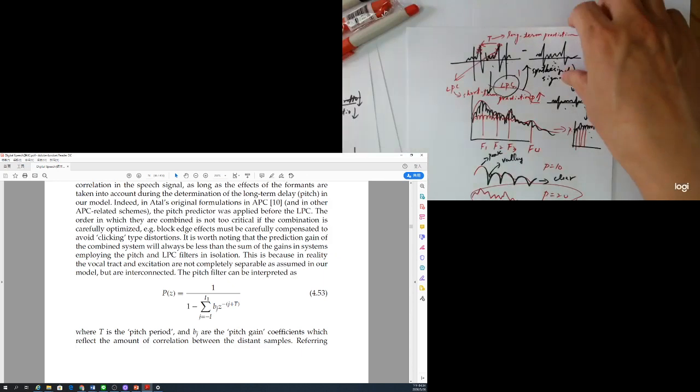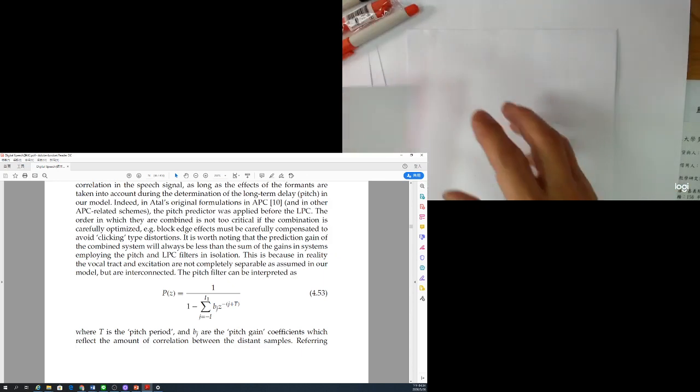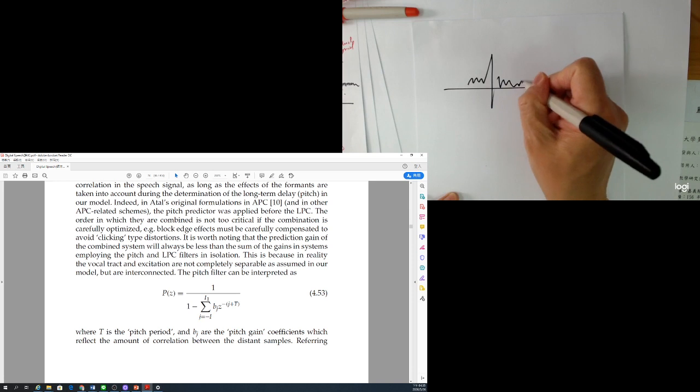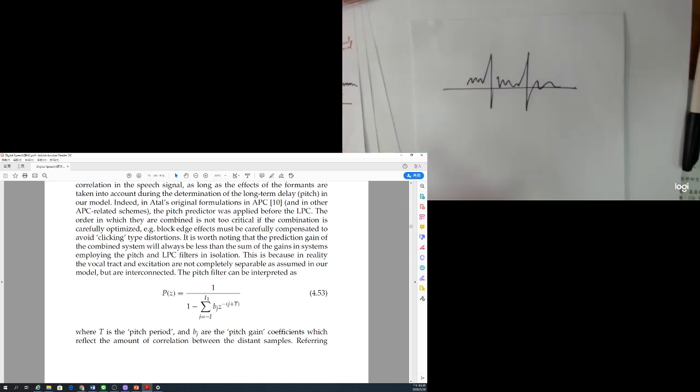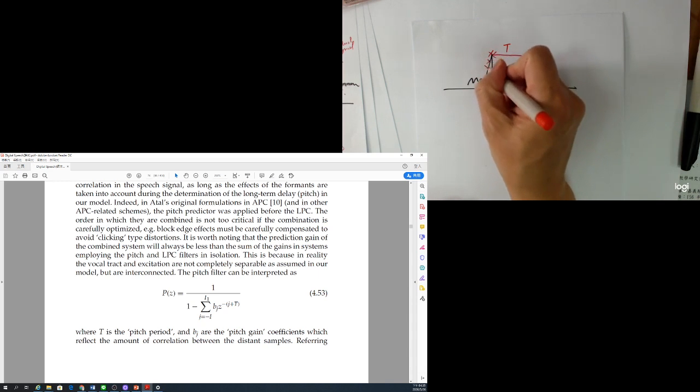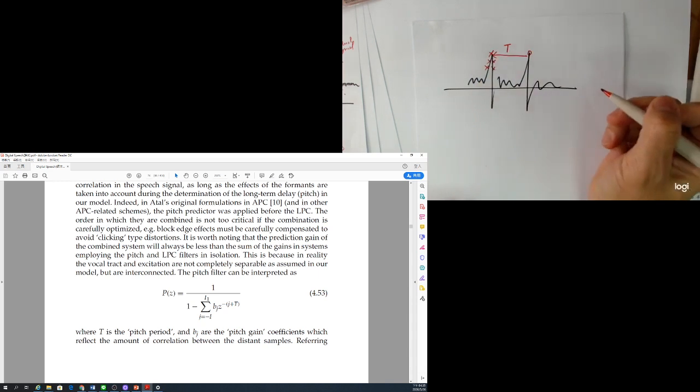The signal moves to t, and this sample uses this sample and also the neighboring samples to do the prediction.